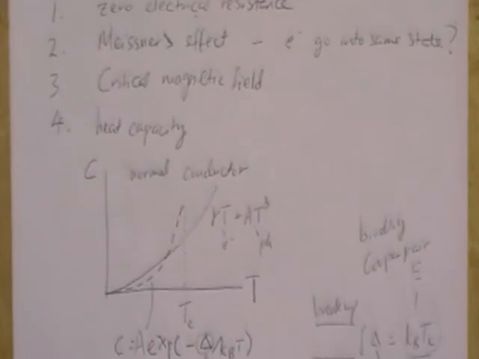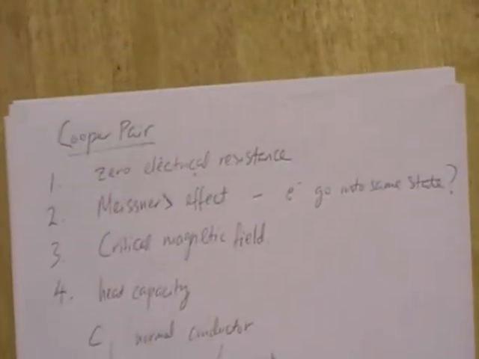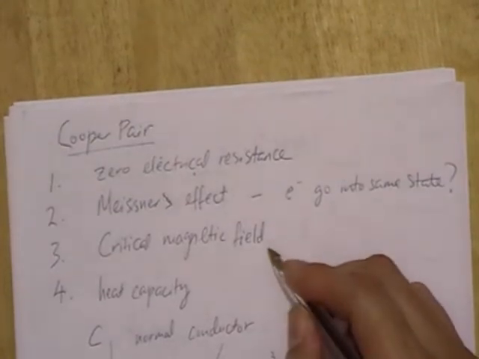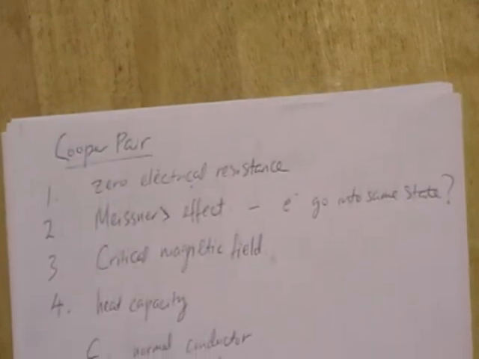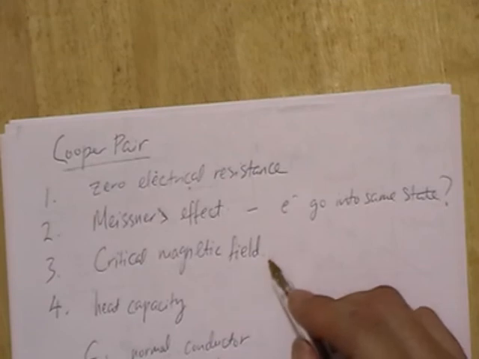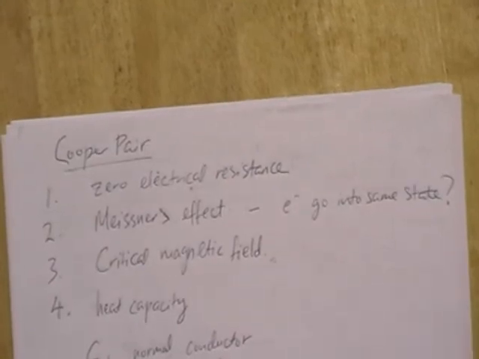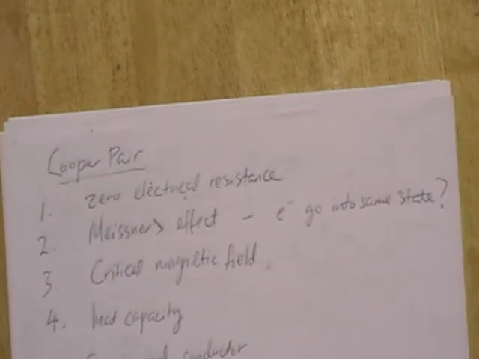Okay, so we have roughly explained the behavior of the heat capacity. Now let's move to the critical magnetic field. If the field is high enough, the superconductivity is destroyed. So how can the Cooper pair explain this?